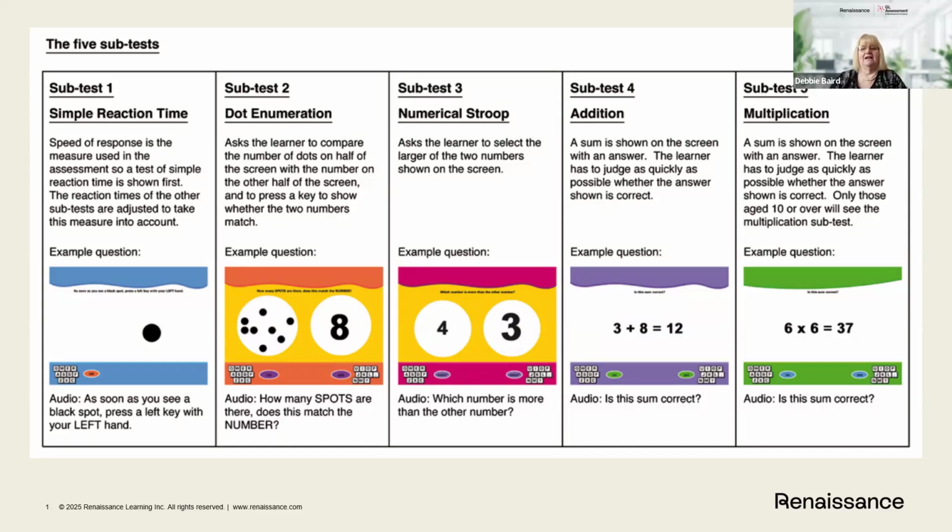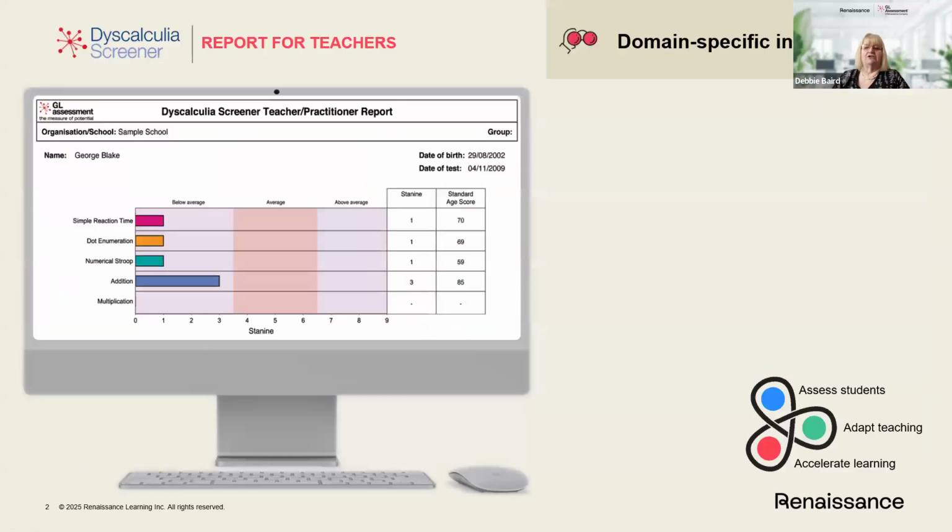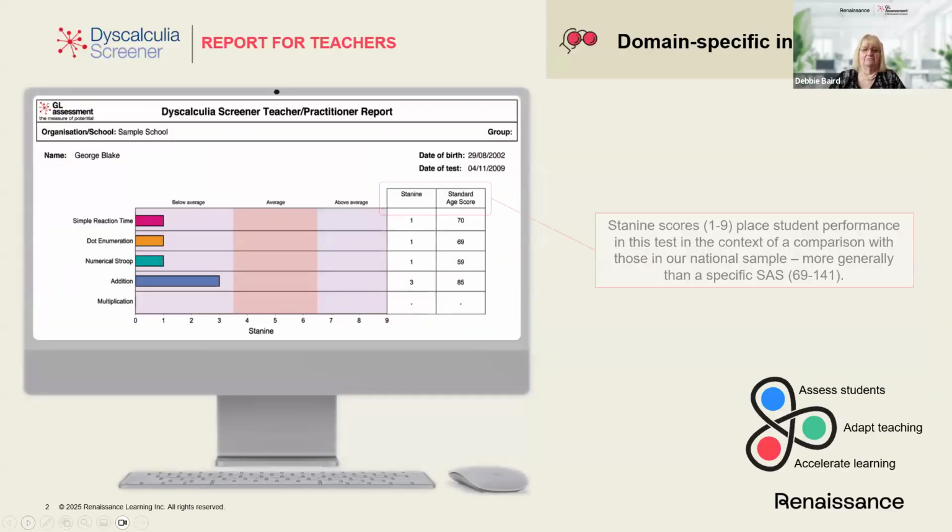And lastly, we have addition and multiplication. So we've got arithmetic achievement, simple addition and multiplication problems that measure basic fact retrieval. While this is more of an achievement measure, it provides important context about the student's learning.